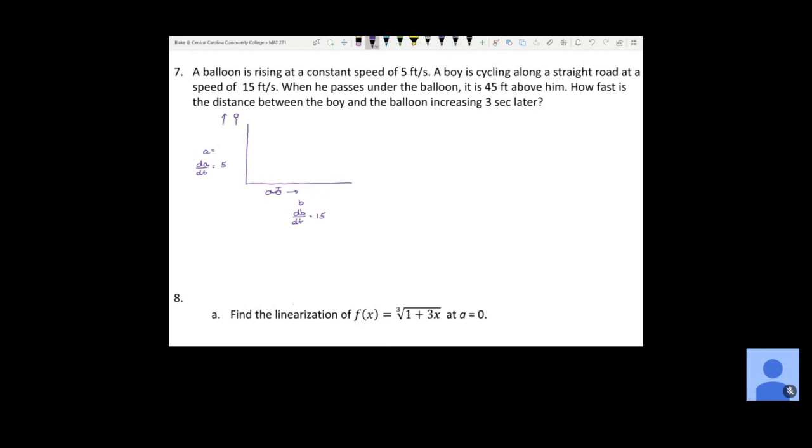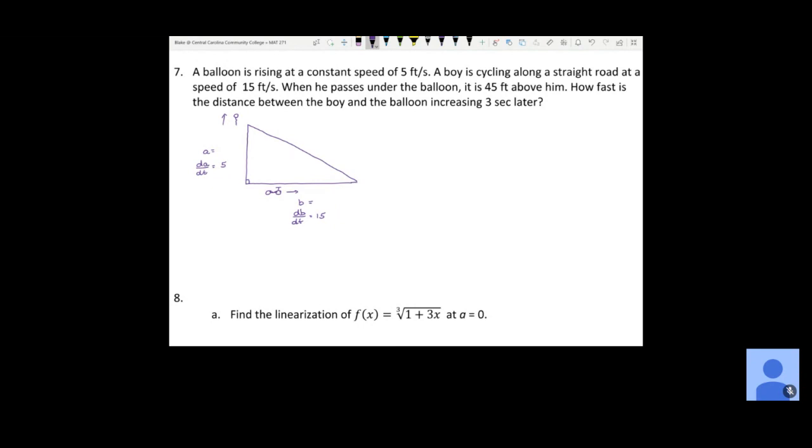Okay, so we know those. What else do we know? Okay, yeah, so they are perpendicular, right? Since one is rising vertically, and that's how we're going to get this right triangle that we can work with. All right, so the balloon is 45 feet above him.